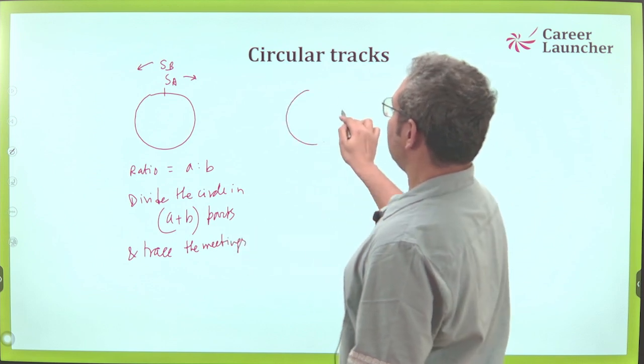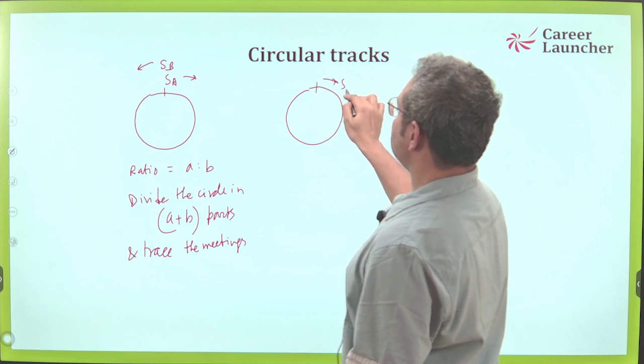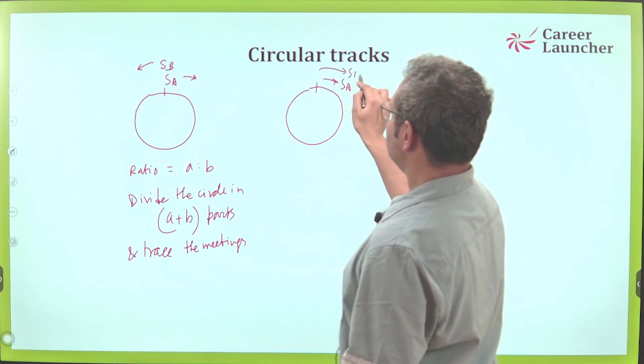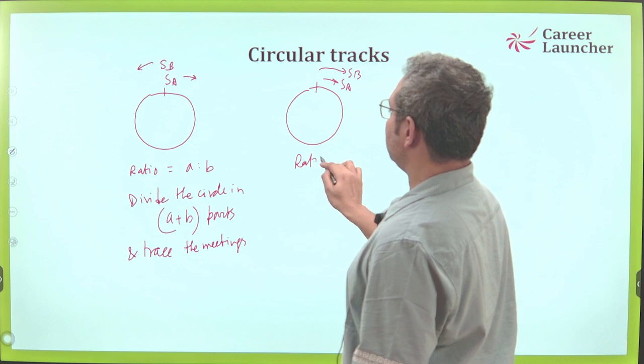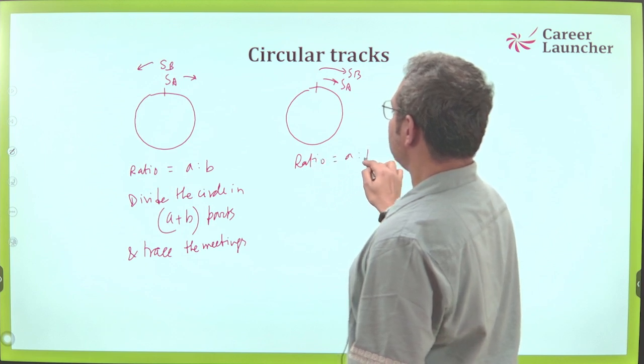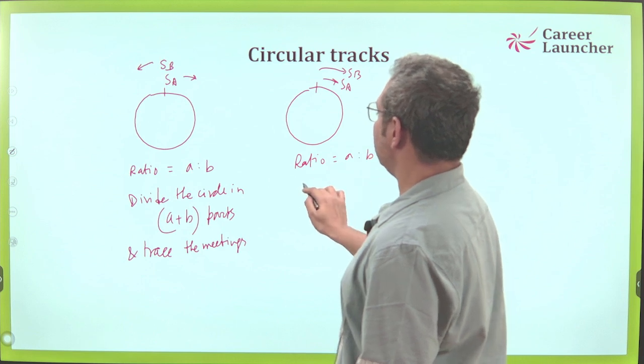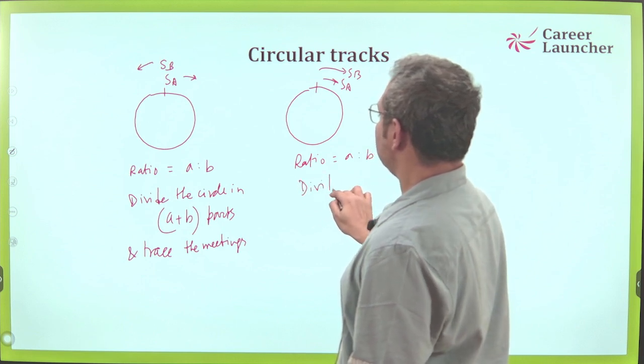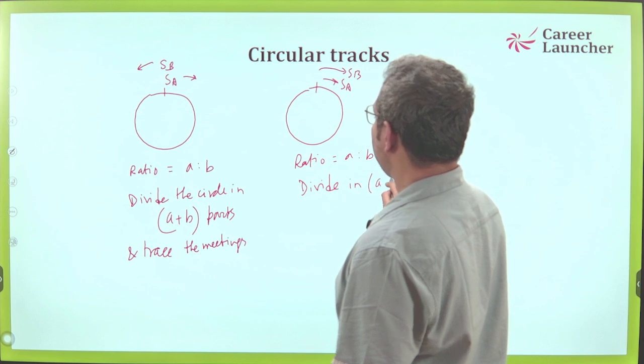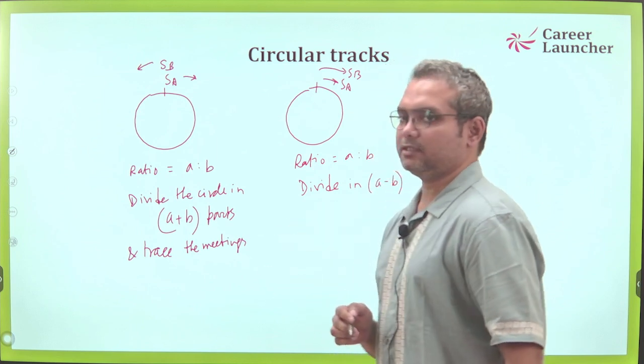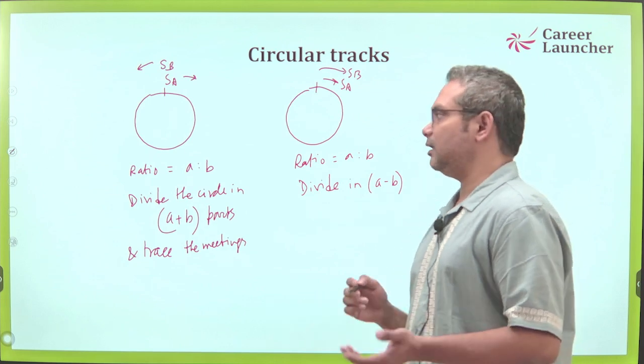If your movements are in the same direction, then again you will find the ratio. Assuming A is the higher value, then you divide the circle in A minus B parts and then trace the meetings, okay, and you will be able to solve.